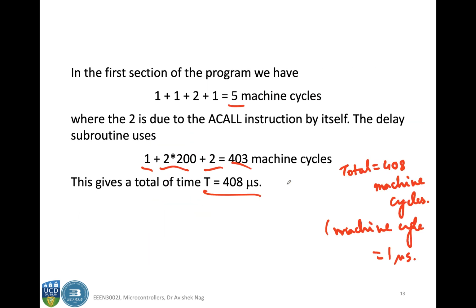So therefore you have a total of 408 times 1 microsecond, so that gives you 408 microseconds.